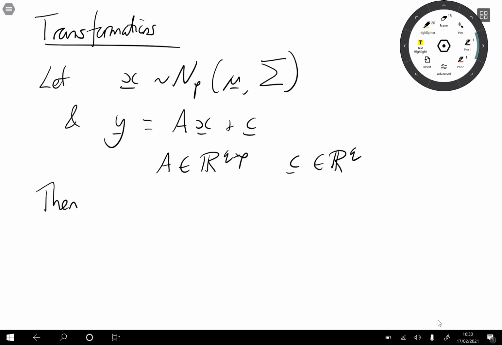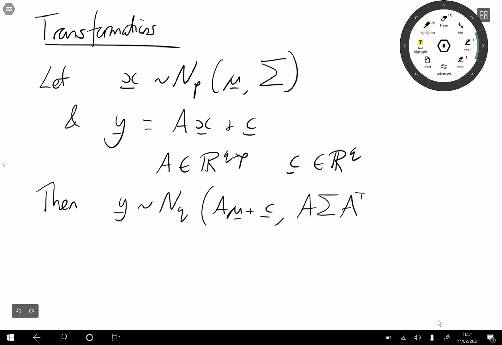Then y is a linear transformation of the x's, so y is going to be Gaussian. So y is also multivariate normal, but now of dimension q, and its mean changes from mu to A mu plus c, and its variance matrix goes from sigma to A sigma A transposed.